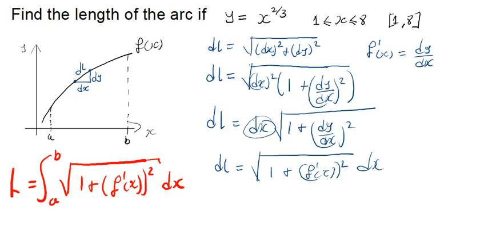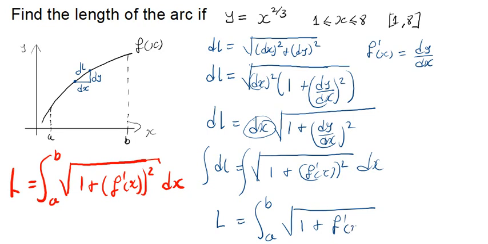So where I've reached now, I can integrate both sides. L is equal to the integral, and I'm going to give myself intervals, from the lowest limit A to the highest limit B, of the square root of 1 plus f prime of x squared dx.